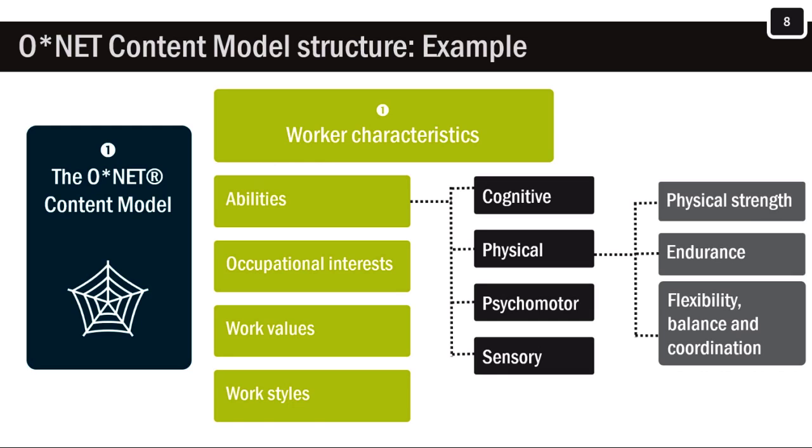The content model has been developed by a highly experienced team of researchers who have undertaken a systematic review of best available research evidence. Their work, the content model and the questionnaires, has been reviewed and validated by panels of experts convened by the US government. And so all these categories, subcategories, and specific items and their definitions are based on a very comprehensive review and analysis of essentially all research related to work and occupational analysis.